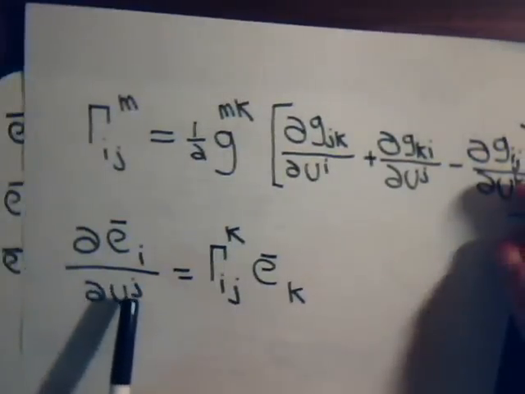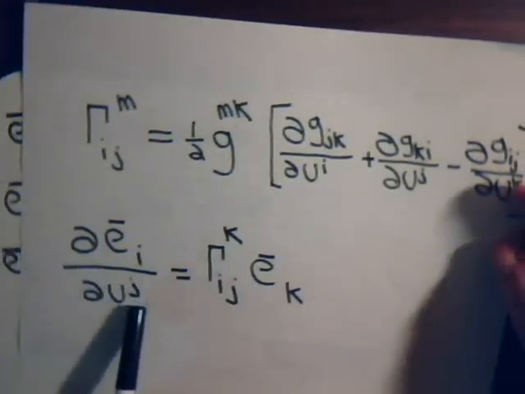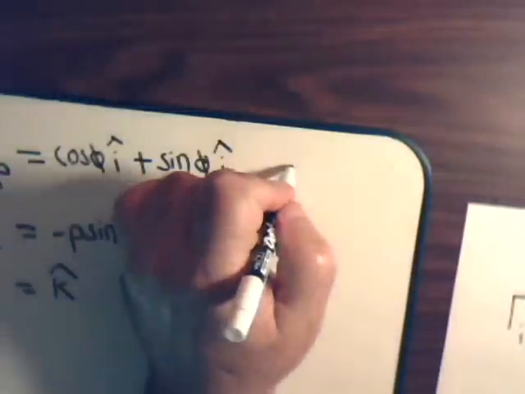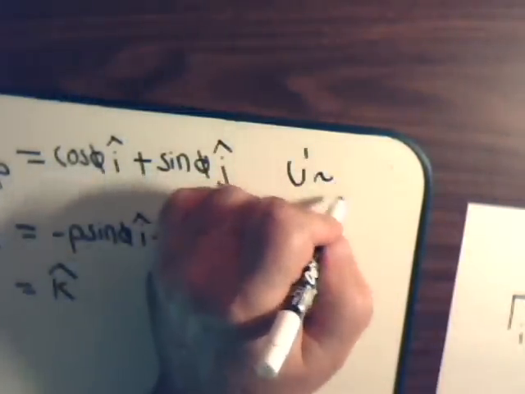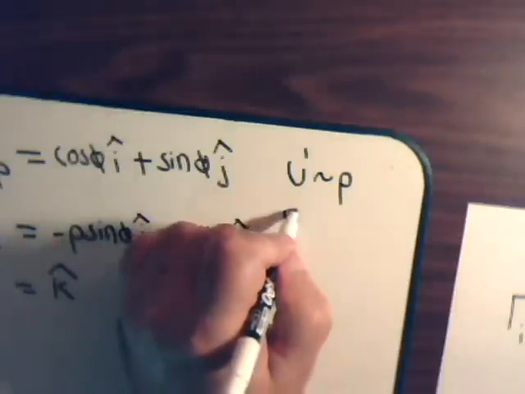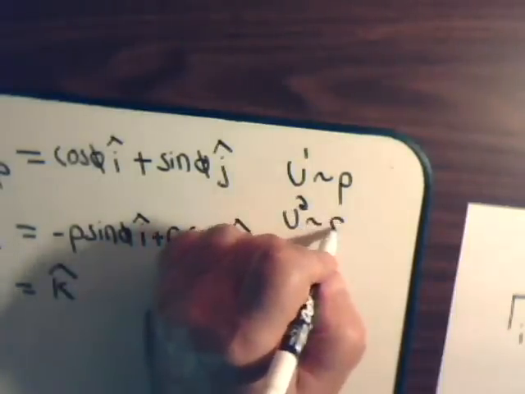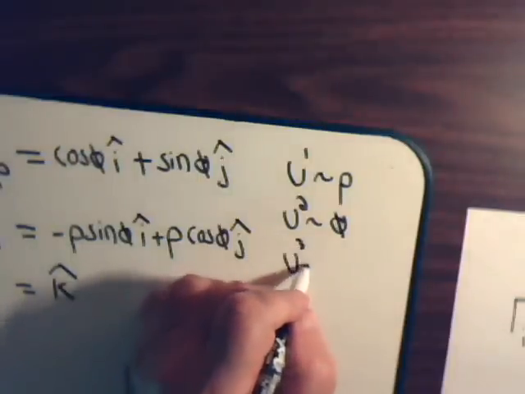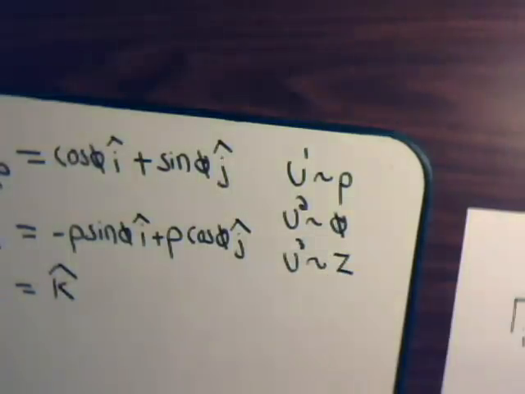Then j equals 1, 2, and 3. So we have U1 was rho, U2 was psi, and U3 was z.